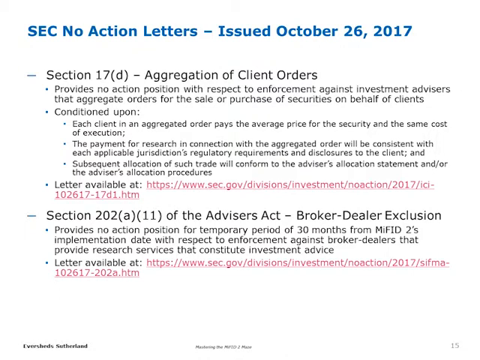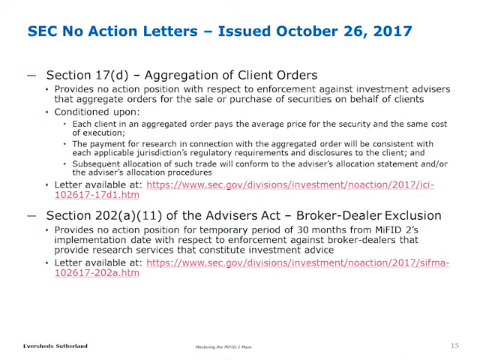So for example, you could have a registered investment company that was paying total transaction costs that include the cost of execution as well as research, but you could have other client orders in that aggregated order where those clients have different payment arrangements because of the MiFID II regulation. So that letter is extremely important in this space.